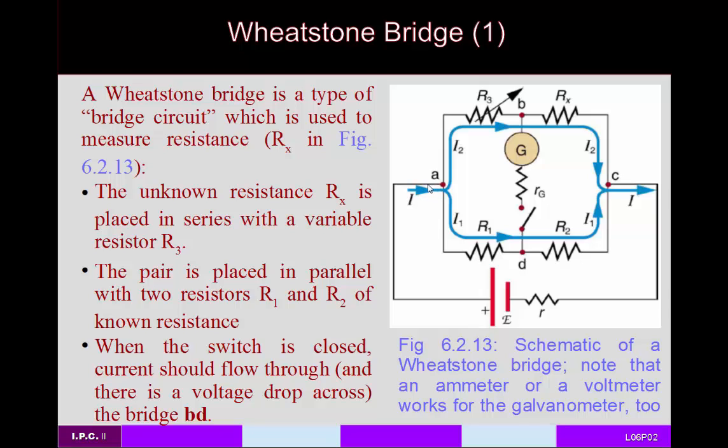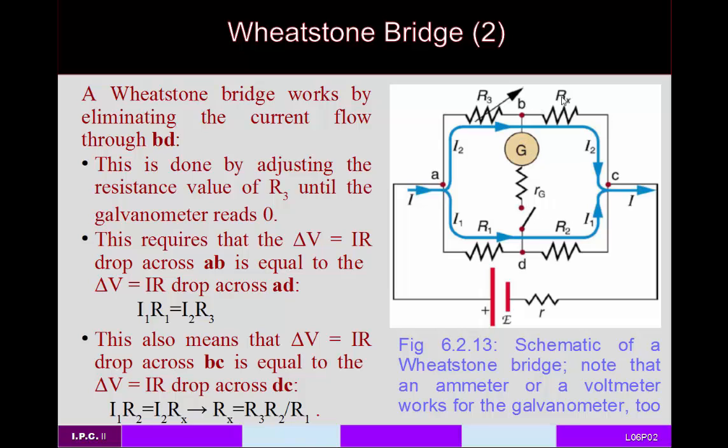But you could also have current that runs, for example, A, B, D, C, or alternatively A, D, B, C. In other words, you could hypothetically have a current running from B to D. In fact, if the potential is different at B than at D, then there will be a current from B to D or from D to B. If there's a voltage drop from point B to point D, there will be a current.